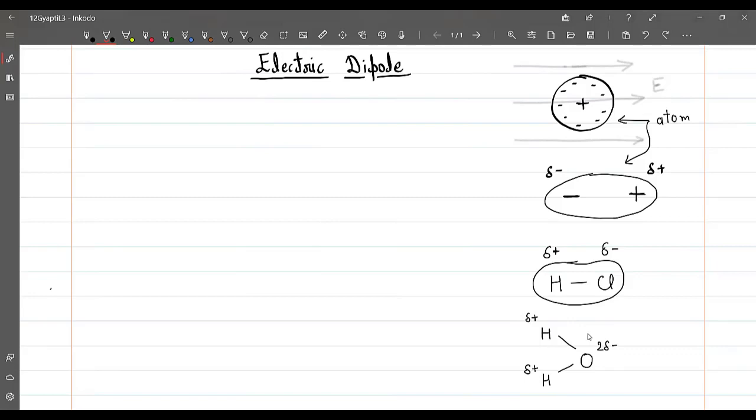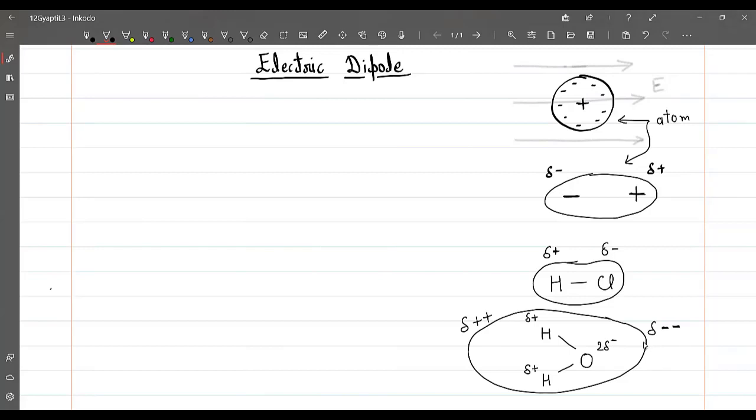So when we draw water molecules, we like to draw it like this. Means there is a distorted shape and there is a delta positive charge here. You can write delta plus plus and delta minus minus charge like this. So here also the positive charges and the negative charges, they are separated by a small distance.